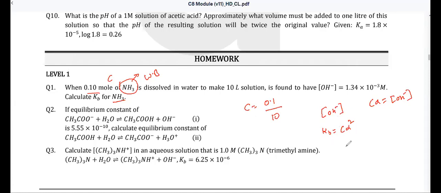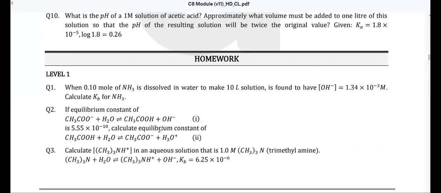So Kb is equal to C alpha whole square by C, which is the concentration of OH minus whole square by C. The concentration of OH minus is given as well as C. So this was question number 1.